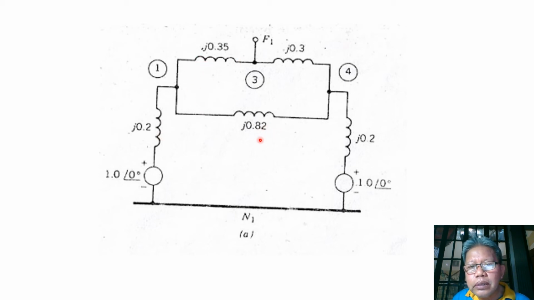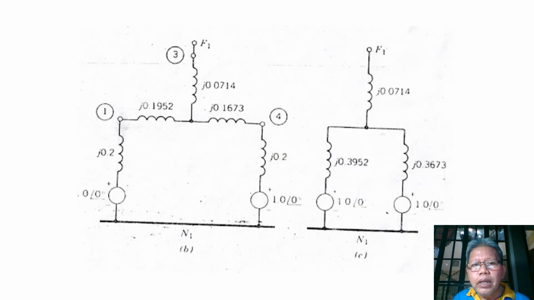Next, we noticed that in the previous slide we have formed a delta connection of the reactances. So using our delta to Y conversion, we obtain the Y equivalent reactances of those impedances connected between bus 1, bus 3, and bus 4.